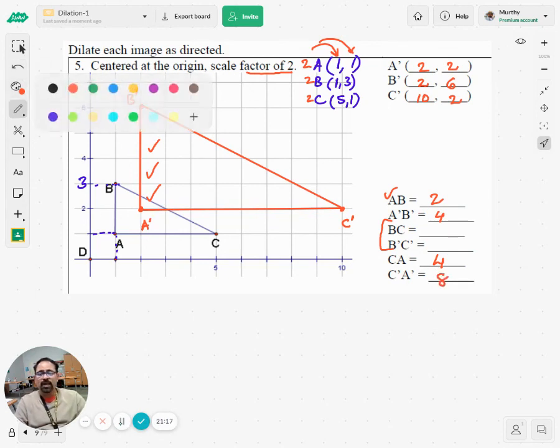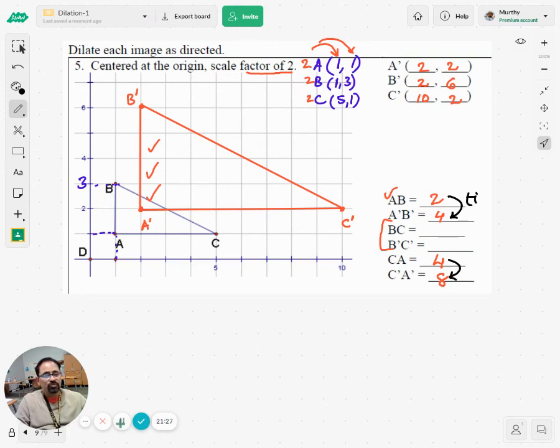Now, friends, have you noticed that? The length of the line segments, so 2 times 2, that gives me 4, and 4 times 2, that gives me 8. So this is exactly matching with our scale factor.